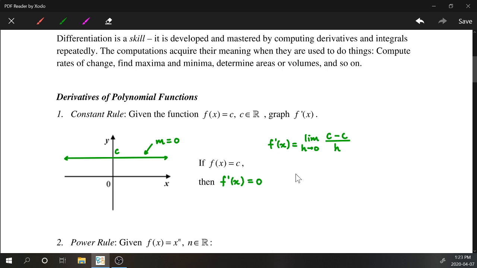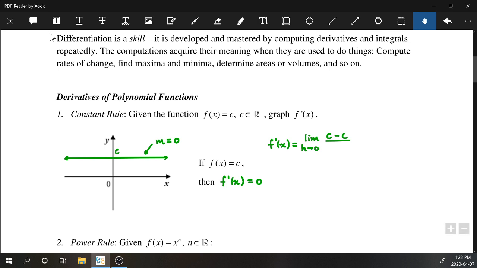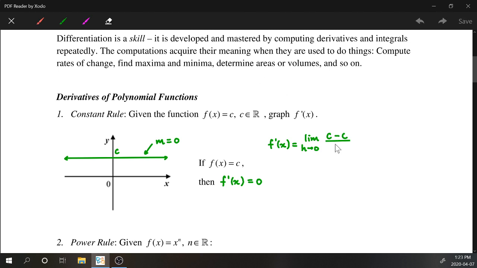So really, it's going to be just 0 over h. So you can show pretty easily that that's what will happen.